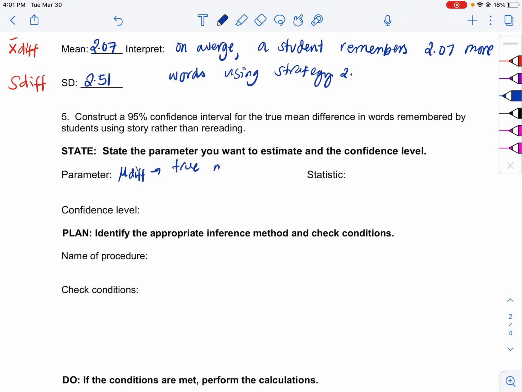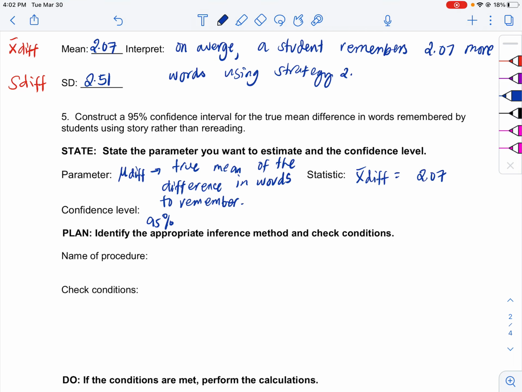You have the true mean of the difference in words remembered, and then we have it at 95% confidence level. My statistic is x bar diff is 2.07. We got that from putting our numbers into Statplet or into the calculator.